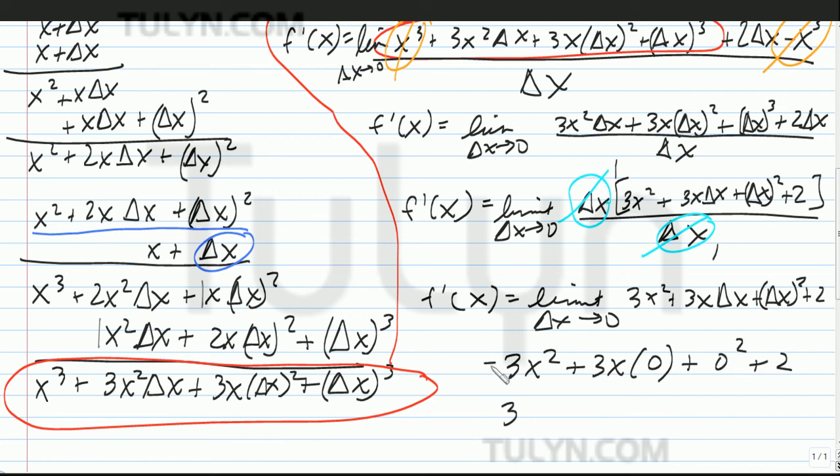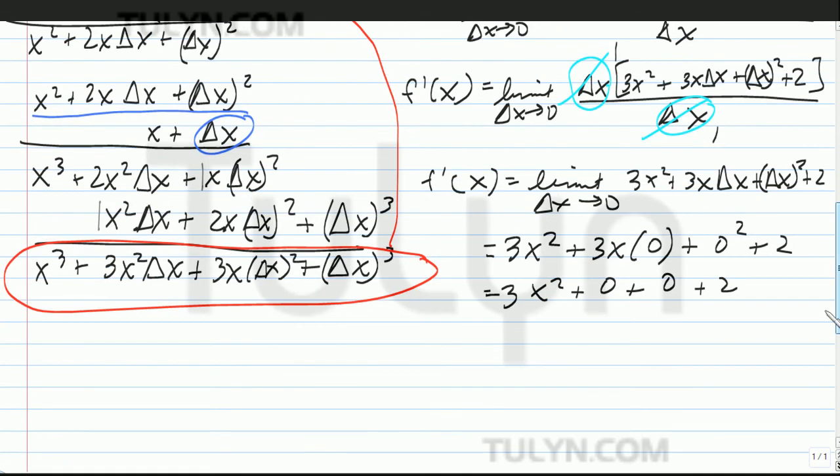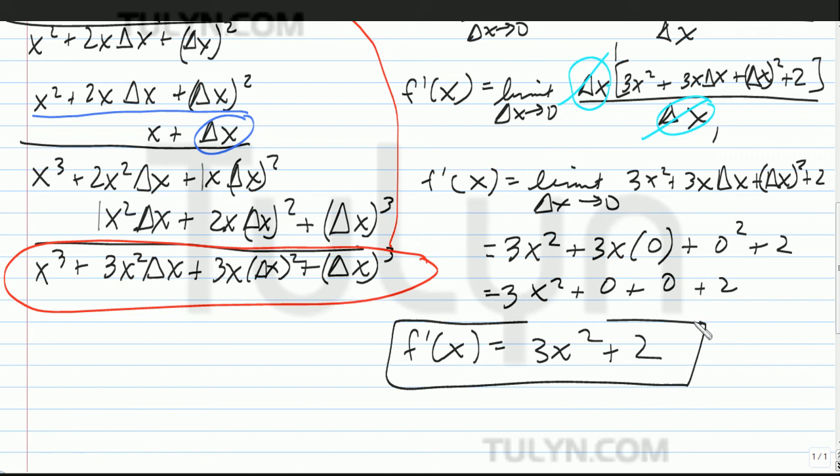So it's going to be 3x squared plus 3x times 0 is 0, plus 0 squared is 0, plus 2. So then f prime of x is going to equal 3x squared plus 2. And so the derivative is going to be that. F prime of x is 3x squared plus 2.